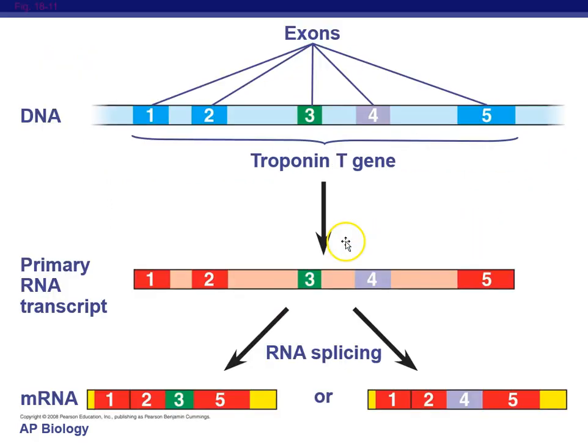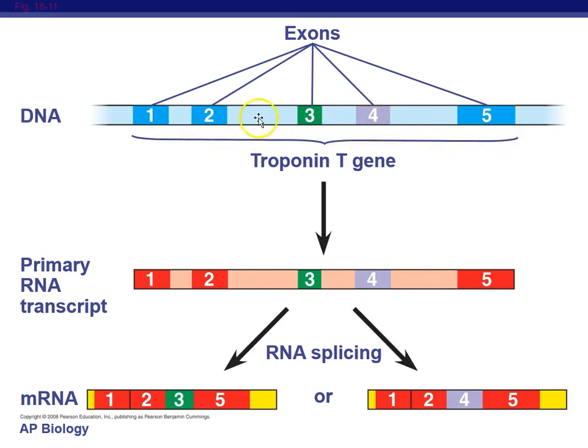And one of my favorite pictures is right here. So remember, with DNA, the actual parts that matter, those are called the exons. Those are the parts that have actual genes that we want to transcribe eventually to make some sort of protein. So those are numbered here, 1, 2, 3, 4, and 5.